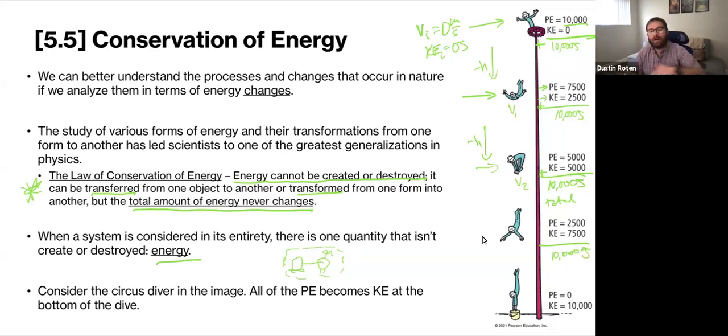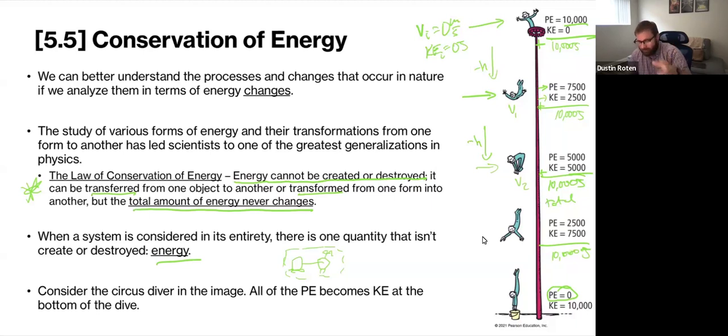And notice here at the bottom, when he's pretty much at the ground, he has no height. He's pretty much at the origin. He's lost all that gravitational potential energy because he's removed the thing giving it to him. He's removed all this height. But that energy had to go somewhere.